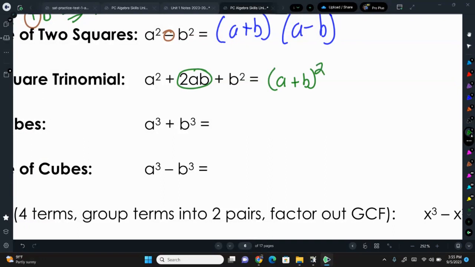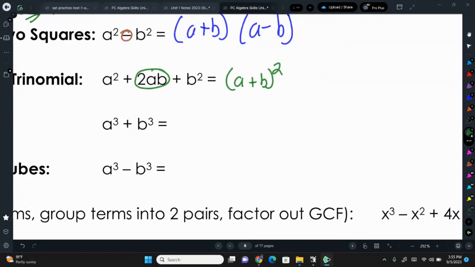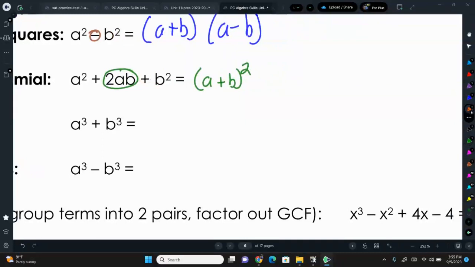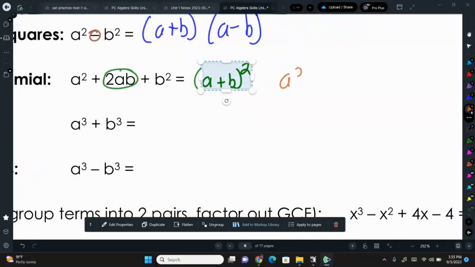And as you get good at using the shortcut to expand, you'll get better at doing the shortcut to factor. We also can do a squared minus 2ab plus b squared, and that's (a minus b) squared.